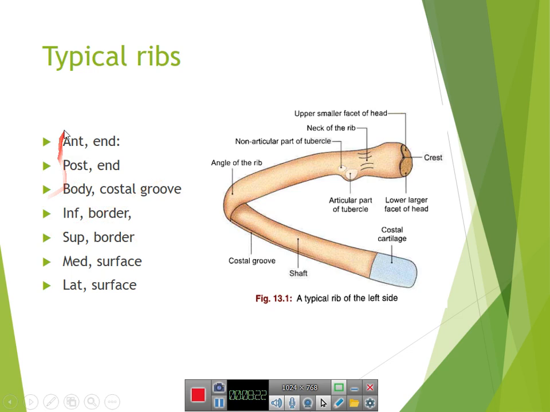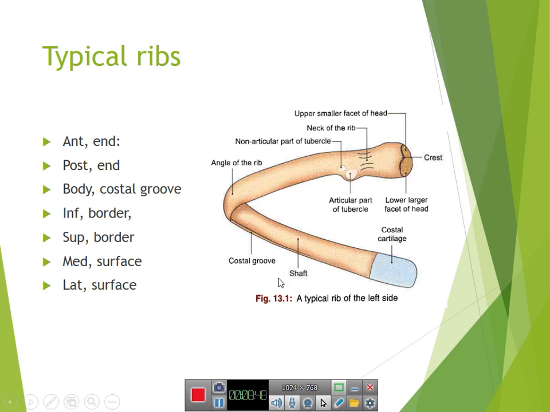So we have an anterior end here and the posterior end here. We have a body or shaft and a costal groove in the lower part. So the inferior border is thin and the upper or superior border is round.